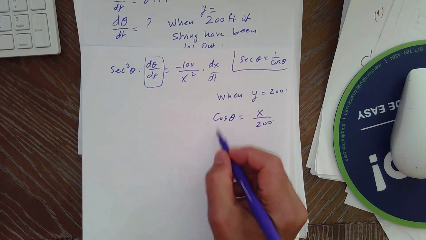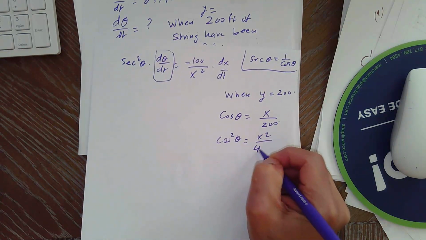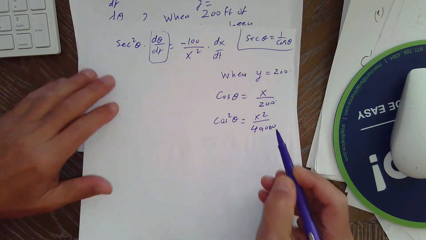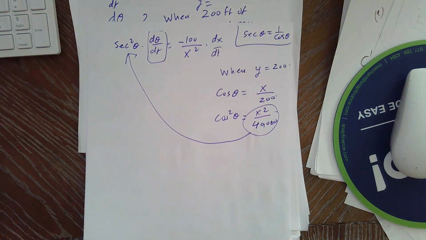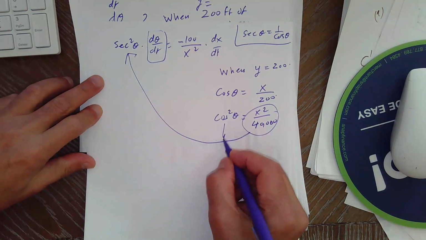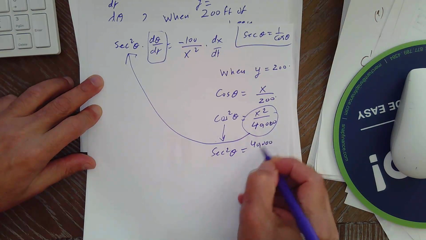We can write cosine squared theta equals x squared over 40,000. If you square 200, you get 40,000. So secant squared is 1 over cosine squared. So if this is cosine squared, then secant squared is 40,000 over x squared.